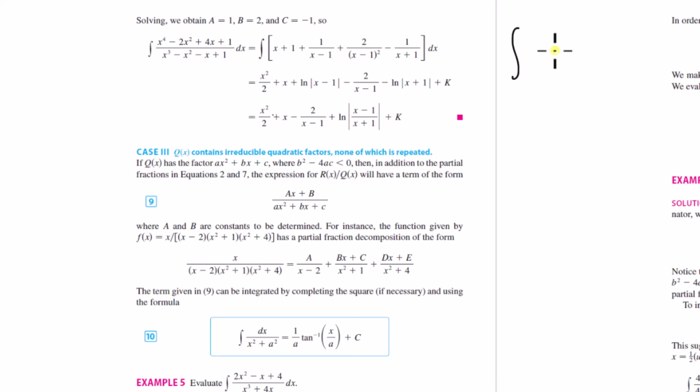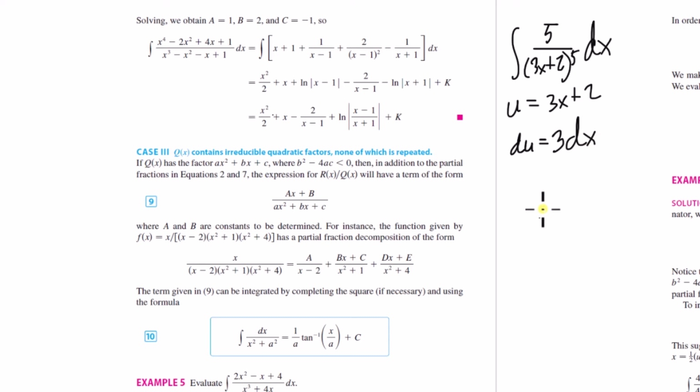Even if you had 5 over (3x + 2) to the 5th, if you say u is equal to 3x plus 2, du is equal to 3 dx, so 1/3 du is equal to dx.